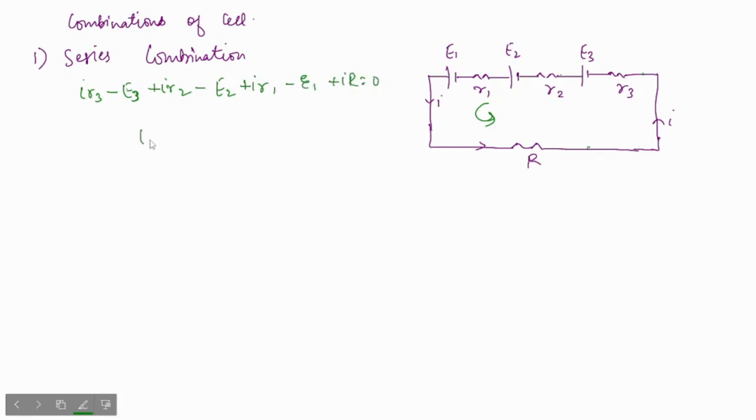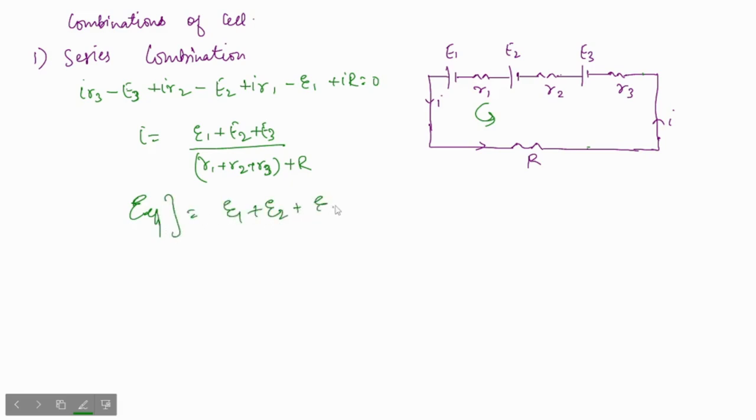is equal to 0. From here you will get I is equal to E1 plus E2 plus E3 upon R1 plus R2 plus R3 plus R. So this is your I, and your equivalent EMF will be E1 plus E2 plus E3 and so on, and your equivalent resistance will be R1 plus R2 plus R3 and so on.